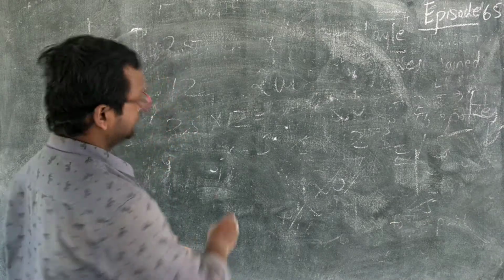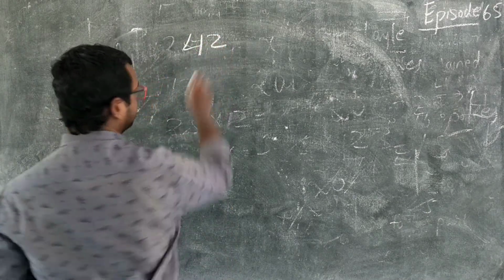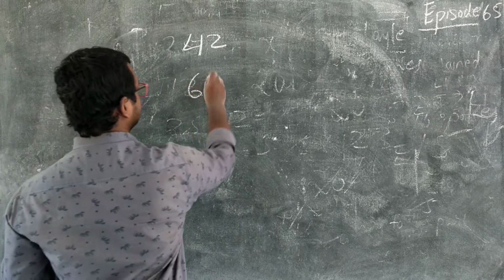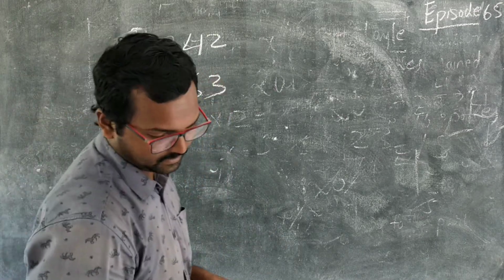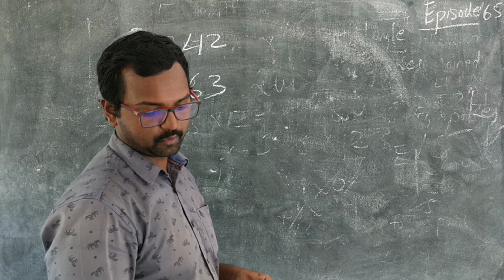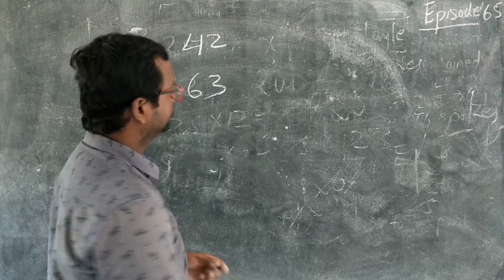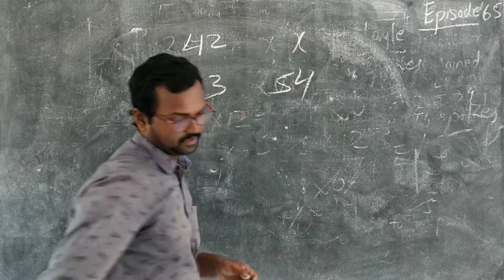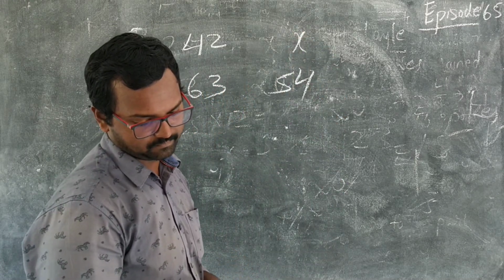So a factory requires 42 machines to produce a given number of articles in 63 days. How many machines would be required in 54 days? So this is missing, the number of machines is missing.